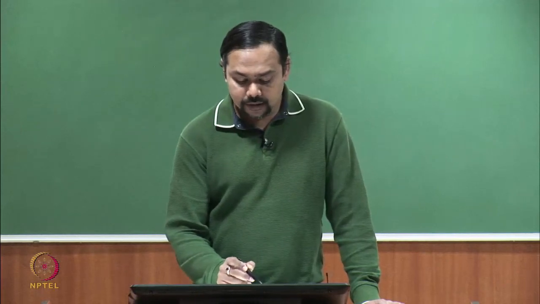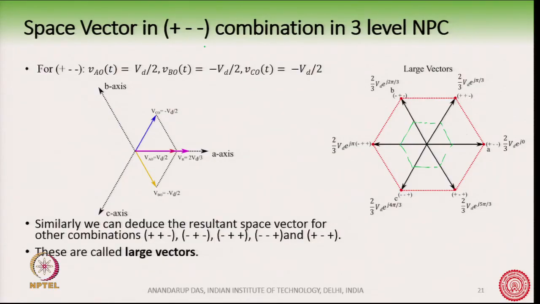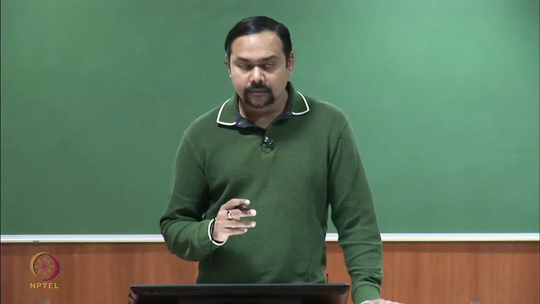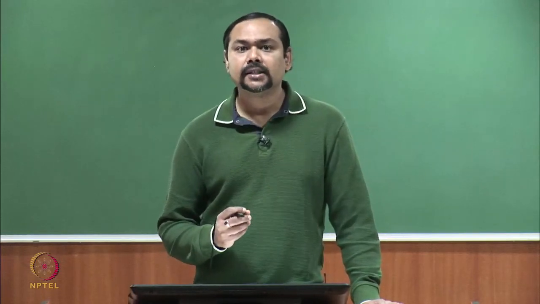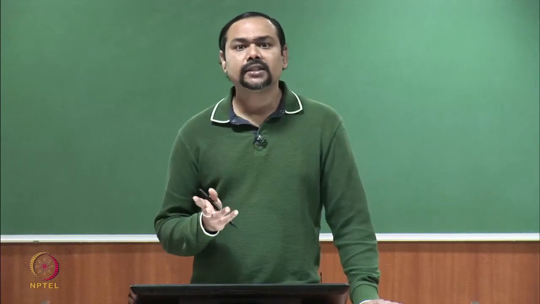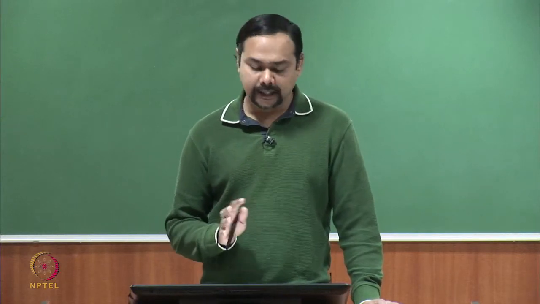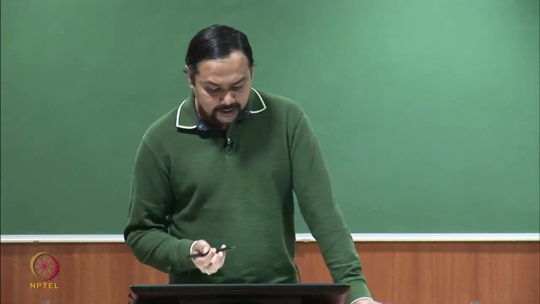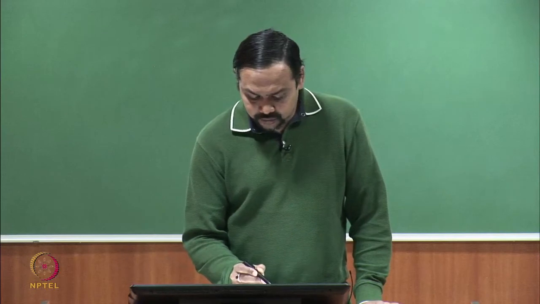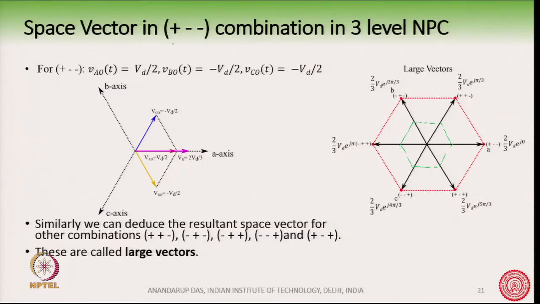These are typically formed with switching state combinations with one or two vectors as plus and the other vector as minus, like that. Okay. So, we can take an example, for example plus minus minus. If it is plus minus minus, on the A phase the contribution from the pole voltage is plus, so this means plus Vd by 2 here.